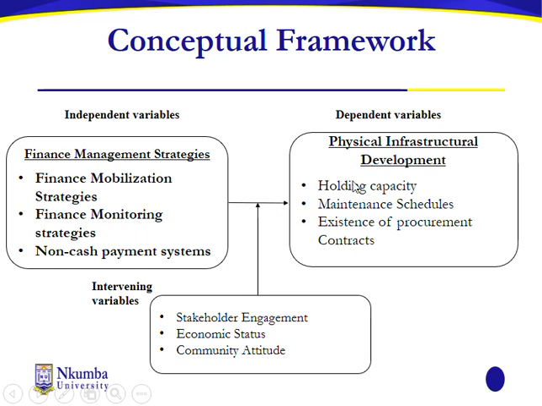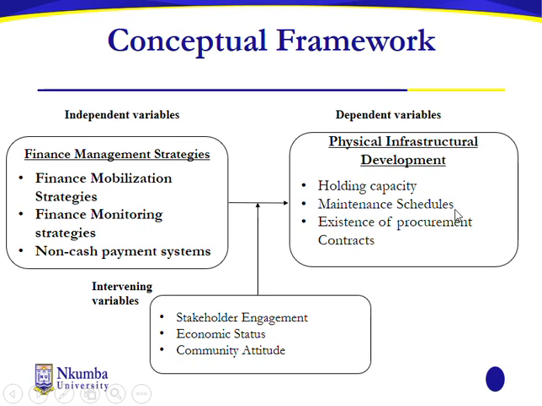So for now, this dependent variable, meaning how do you know that the physical infrastructure development is in place? This one is looking at holding capacity of buildings. You find that there are many learners, but very small rooms. Then you say, infrastructure is needed. Because of this, you ask, how are you going to measure them? Then maintenance schedules.